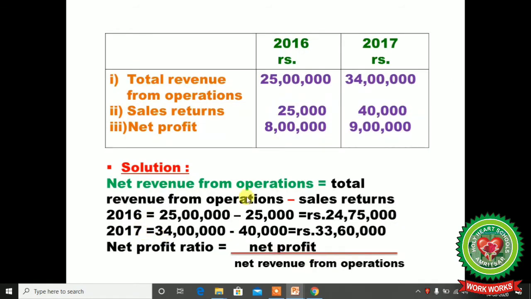Apply the formula. You know the formula: net profit divided by net revenue from operation. First of all, how to find out net revenue from operation? Total revenue from operation minus sales return. So for 2 years of data, in 2016, 25 lakh less 25,000 return is 24 lakh 75,000, and in 2017, 34 lakh minus 40,000 return is 33 lakh 60,000.